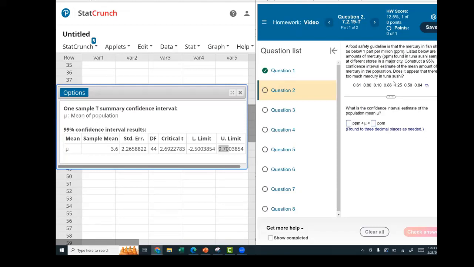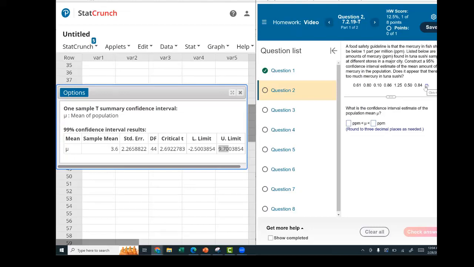Does it appear there's too much mercury in tuna sushi? So what do we have to do? We have to check our requirements first. So if it has more mercury than 1 part per million, it's not safe.